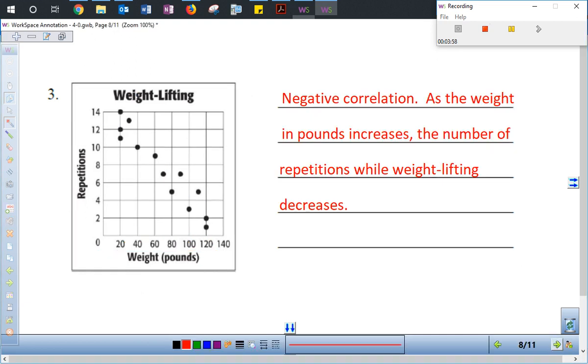So again, as the weight in pounds increases, the number of repetitions while weightlifting is decreasing. Check here, if I had 100 pounds, my number of repetitions is only 3. But if I go up to 120, you can see that there's 2 or 1 repetition. So as I'm increasing the weight that I'm lifting, I'm decreasing the number of repetitions that I'm doing.